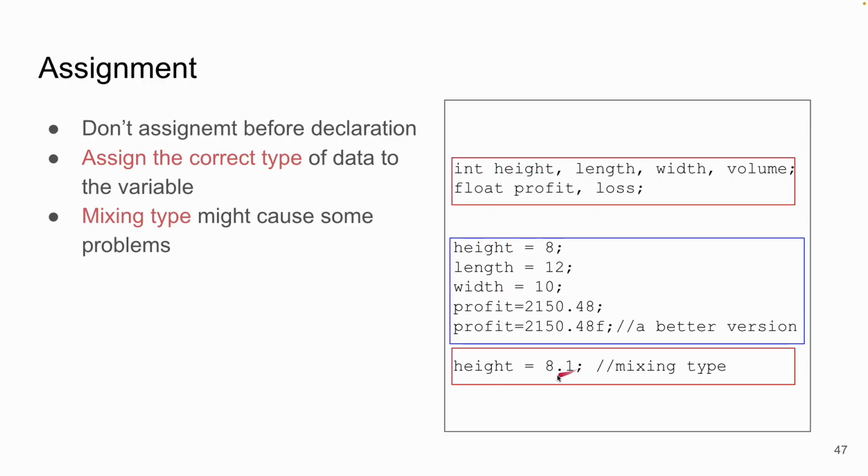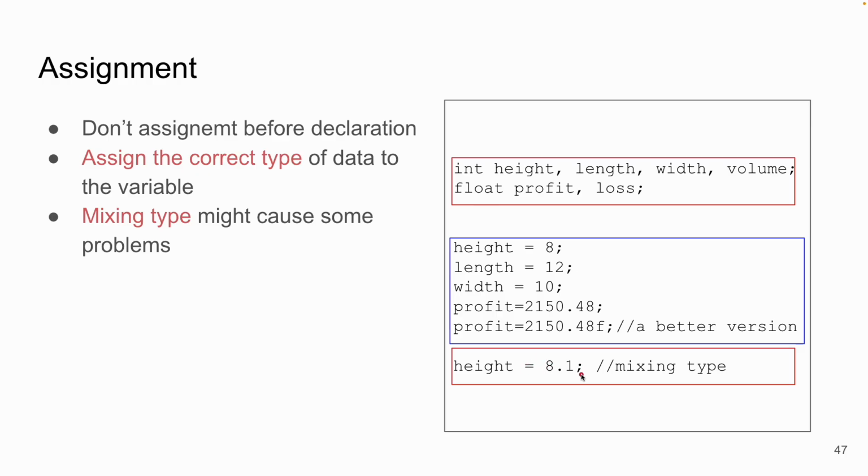But what we're trying to do here is assign a floating point number. The floating point number is a number that has a decimal point, and then has digits after the decimal point. This kind of number in programming language, we call a floating point number.